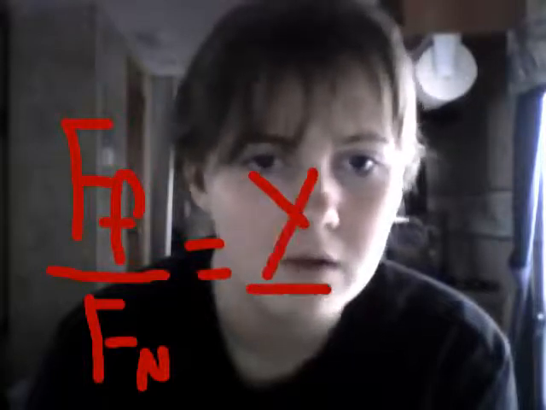So that's basically y over x, or rise over run. This is just slope. That's all that this is. That equals mu.